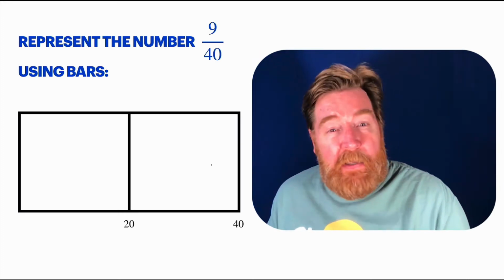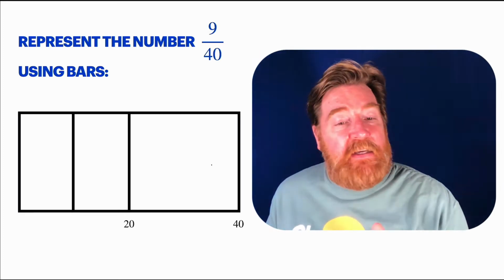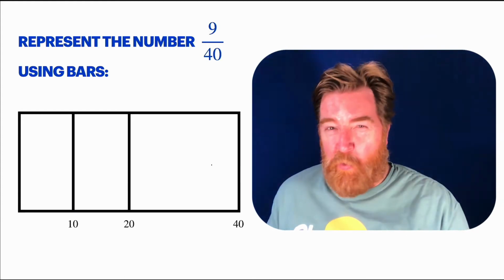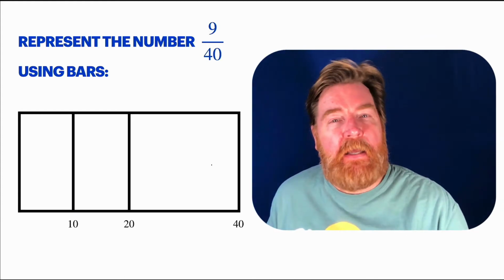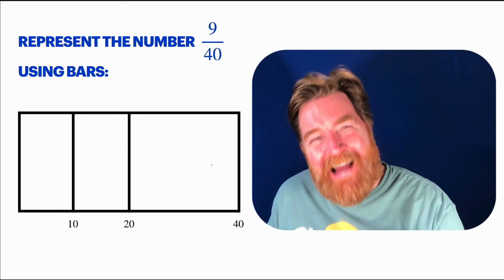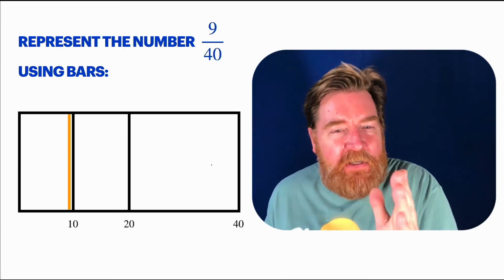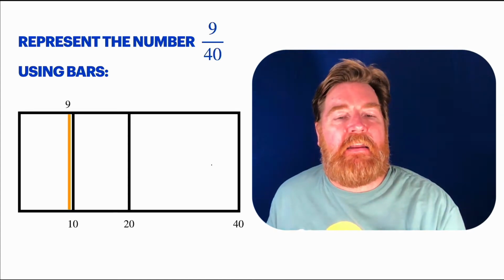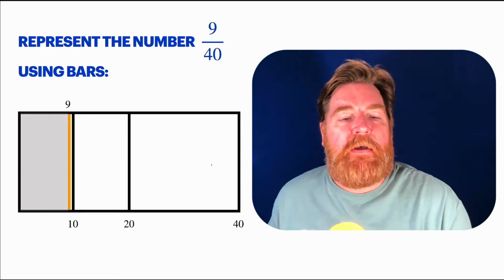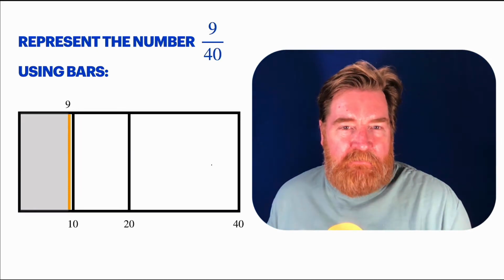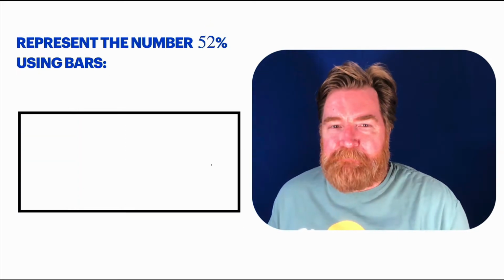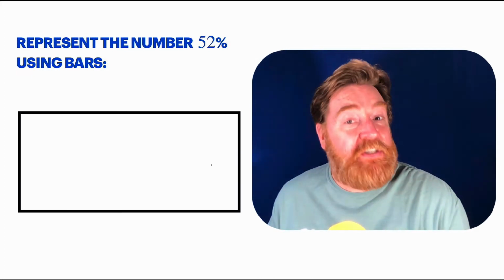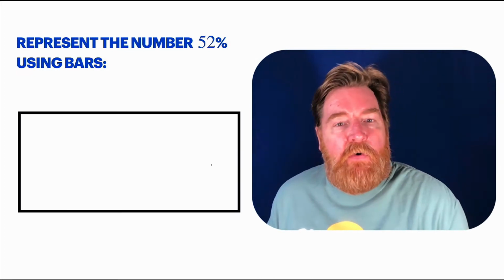I'm going to go half again because that's where the 10th piece would be. And look what we're trying to represent, 9/40. So 9 should be just inside that 10 there, and I'm going to color all the way up to that 9th piece. Looking good? That's benchmarking.